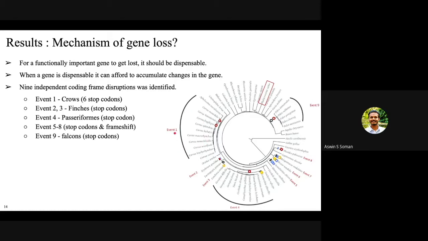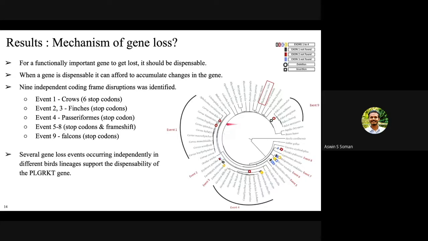For example, event 1 occurred in crows. The colors represent the exons, and the shape represents the kind of change, whether it's an insertion, deletion, or a complete missing. In event 1, 2 deletions occurred, which led to 6 stop codons in the gene.